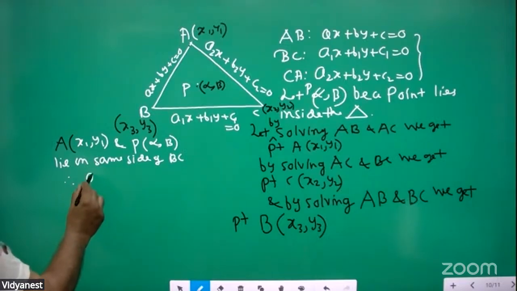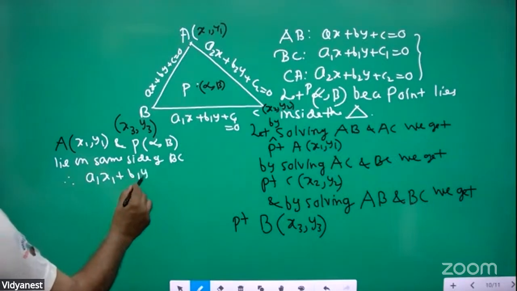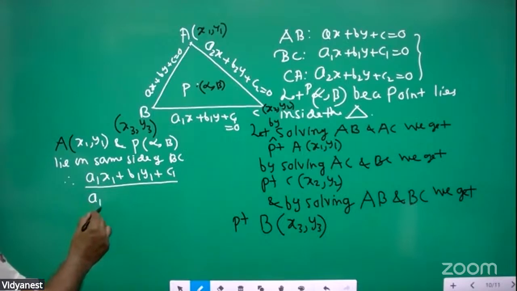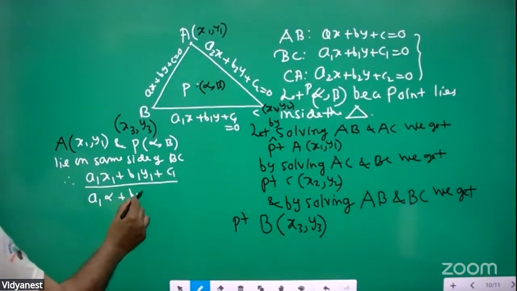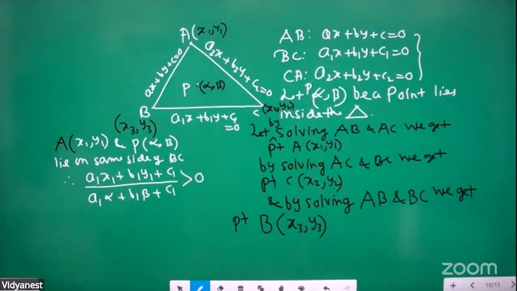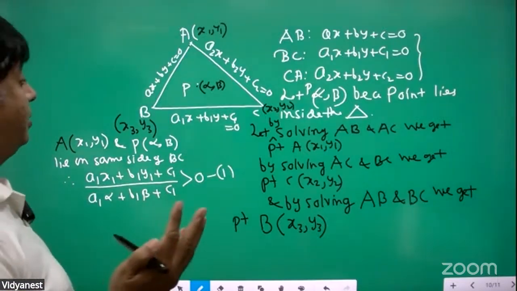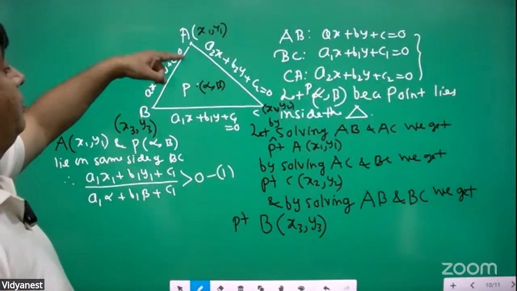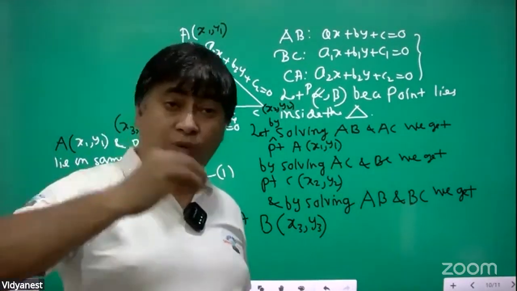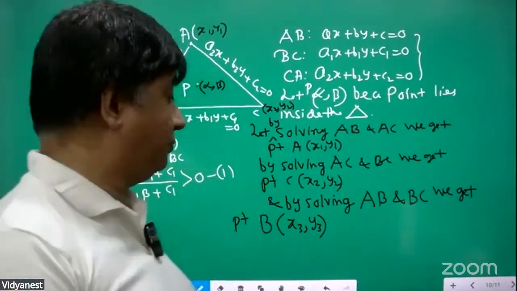Therefore, A1 x1 plus B1 y1 plus C1 by A1 alpha plus B1 beta plus C1 is greater than 0. This is one condition. Why? Because a few minutes back we have gone through it: if 2 points lie on the same side of a line, then by putting them in, you will get values whose ratio will be positive.